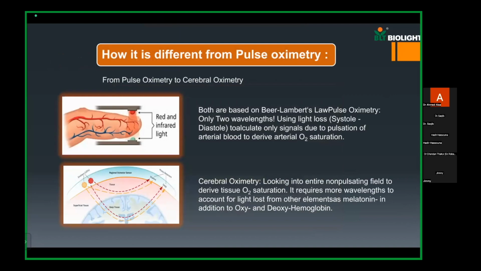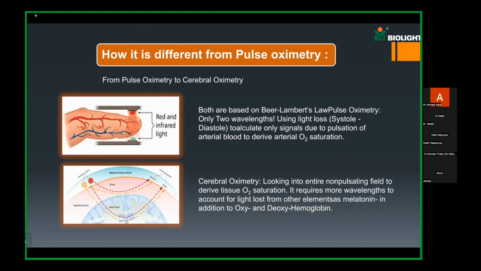So what is the main difference between pulse oximetry and regional oximetry? Both are based on the Beer-Lambert law.